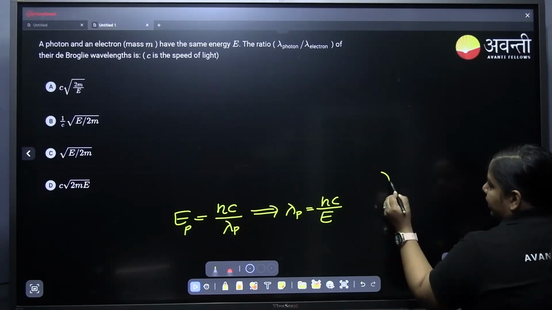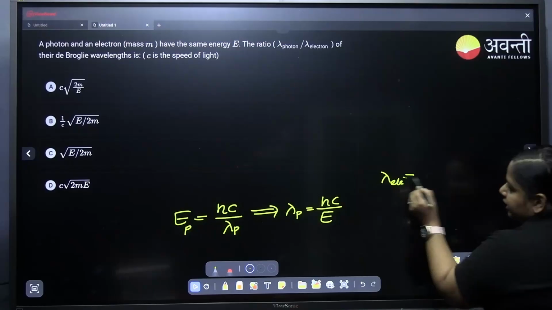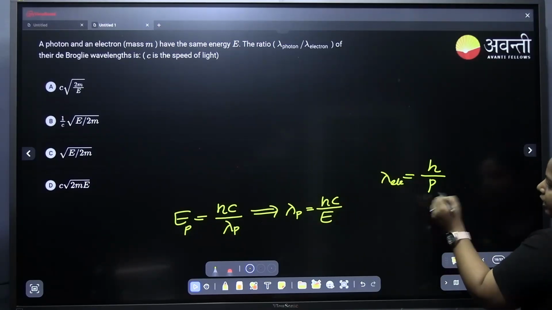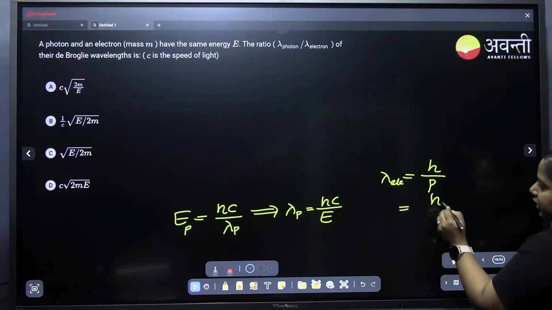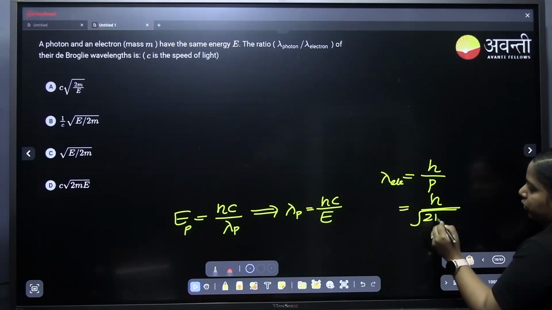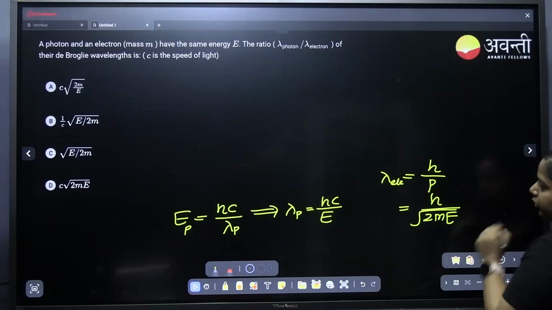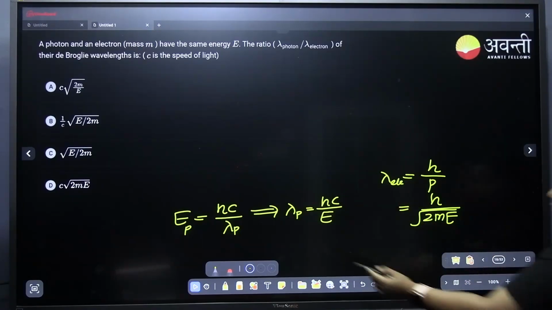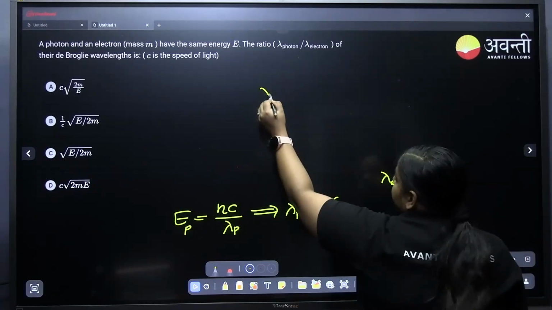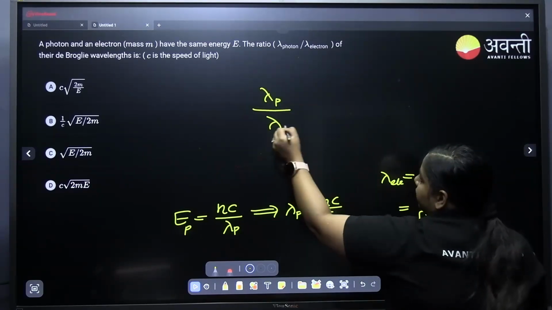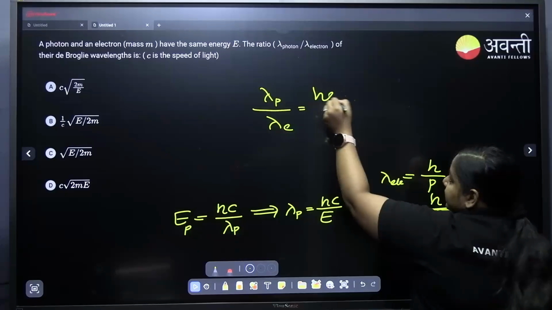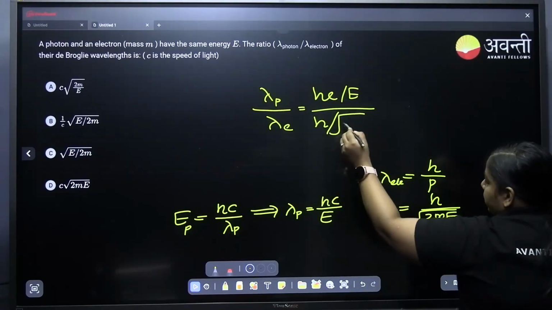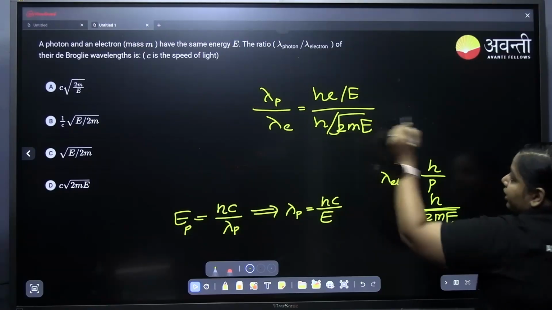We know that lambda of electron is equal to h by p, and if energy is given, it will be h by root 2mE. So this is lambda of electron, this is lambda of photon. If you want to find lambda of photon by lambda of electron, it will be hc by E divided by h by root 2mE.